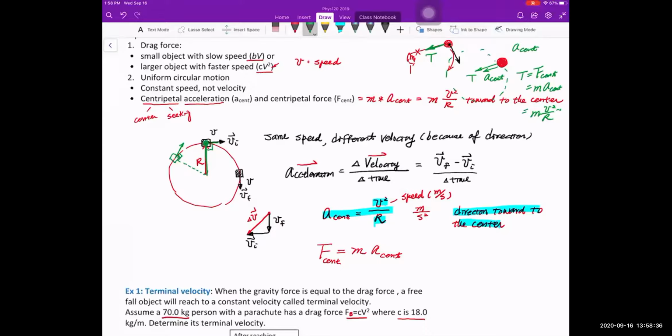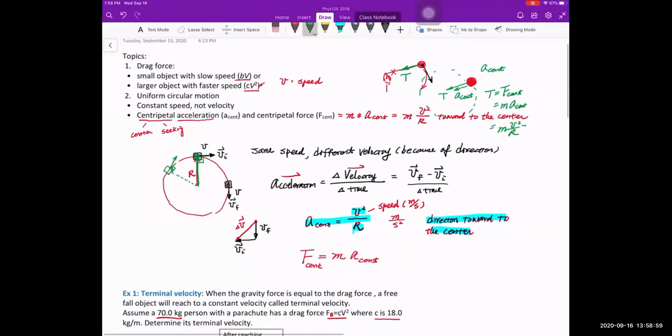You have to swing it faster? Yes. And how do you actually figure that out? So if I write the big R to represent longer, and the smaller R to represent smaller, you have a V, and this is a V squared.